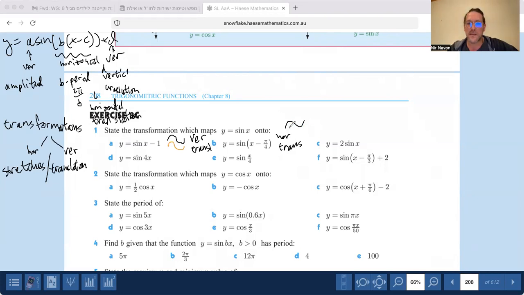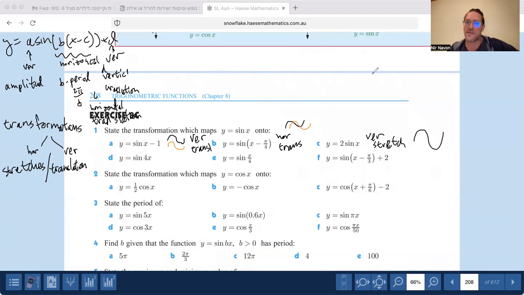Let's see. Something like that. You see, it's outside. It's not within the sine, it's outside of the sine. So this would be a vertical, and it's a vertical stretch.